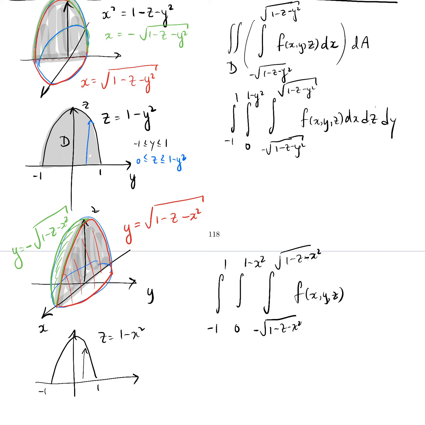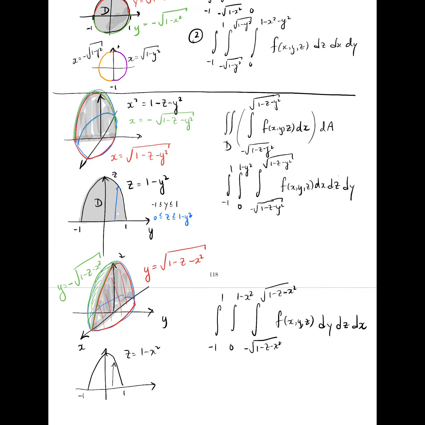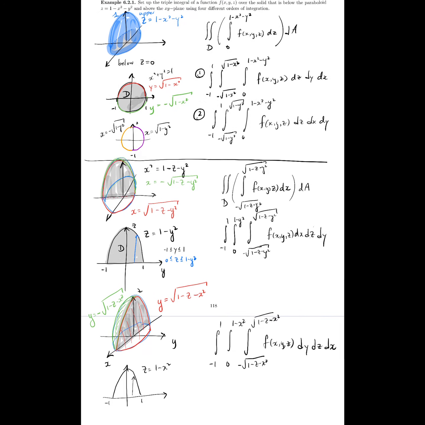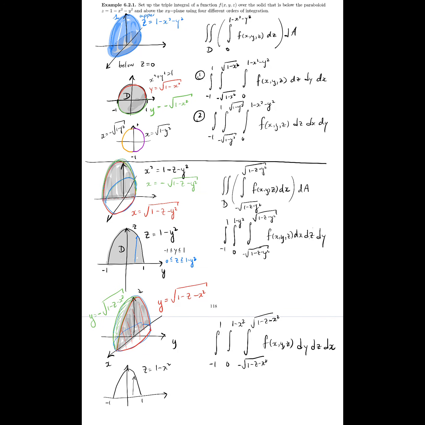And then really the hardest part for me sometimes is remembering the order that I've gone in. This was a dy bound, this was a dz bound, and dx. So there is the integral over the paraboloid, set up in 4 different ways.